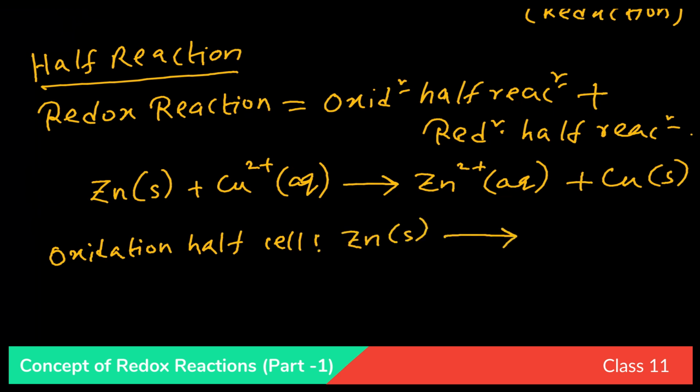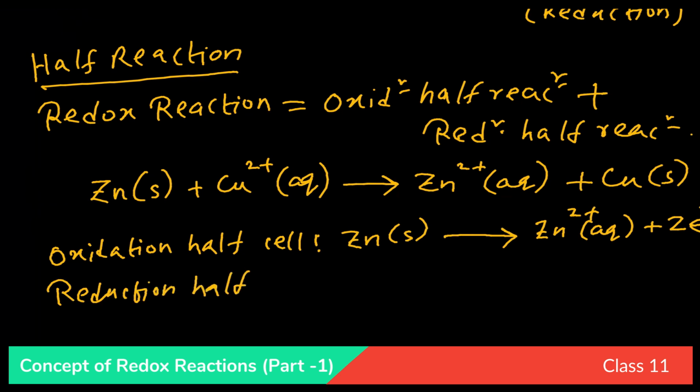It has lost two electrons to form Zn2+ aqueous plus 2e-. So this is my oxidation half cell or half reaction, whichever way you want to tell. And my reduction half cell or half reaction will look like this.